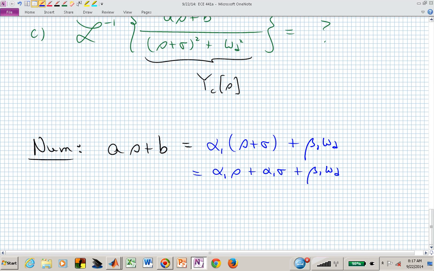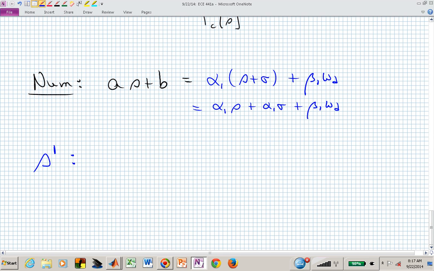I can now equate my coefficients for s, which says that A is equal to alpha 1. I now know how much of the cosine that's exponentially damped I have. That's going to just be what A was. And then if I equate the s to the 0 coefficients, I know B, I know sigma, I know omega sub d, I now know alpha 1, that's just A. The only unknown there is beta.